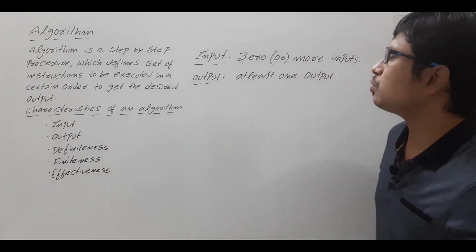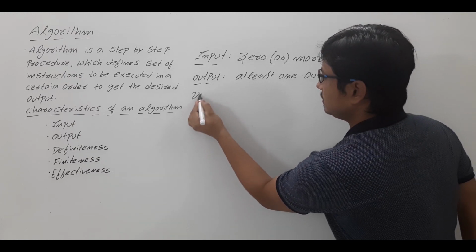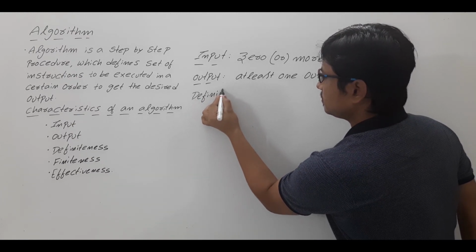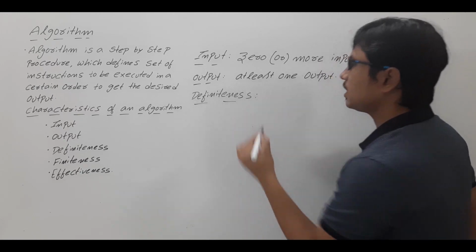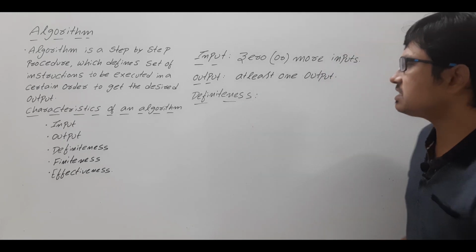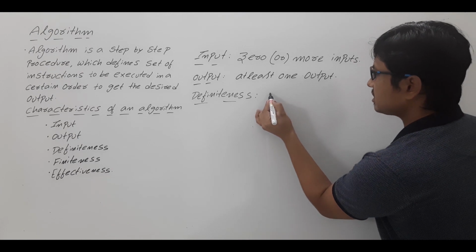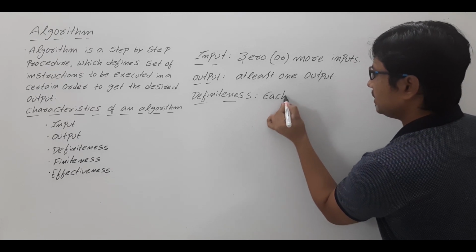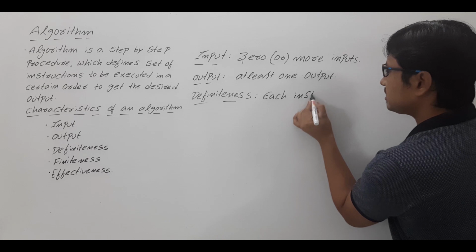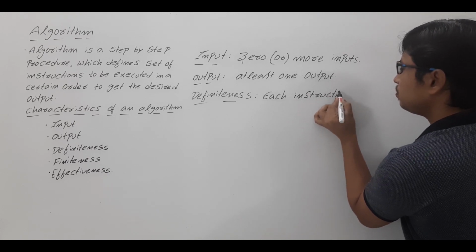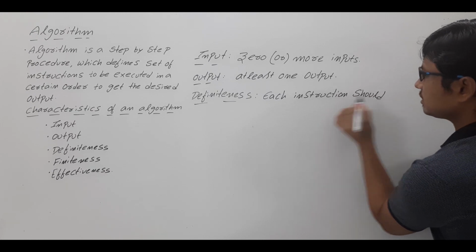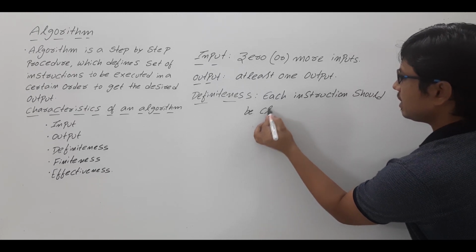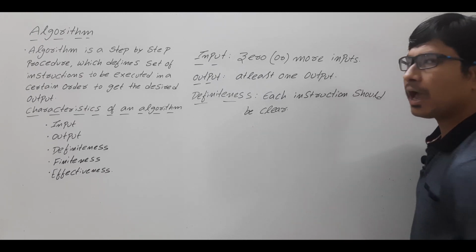Then let me discuss what is definiteness. Definiteness means each instruction or each step should be clear and it should be unambiguous.